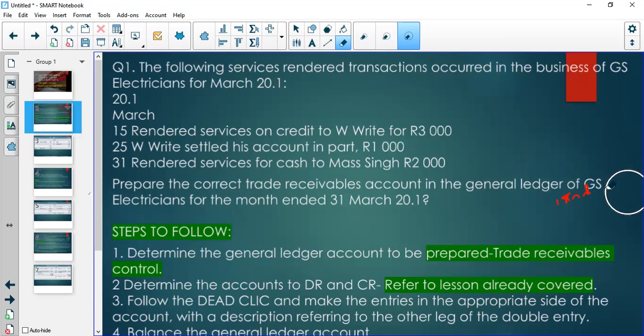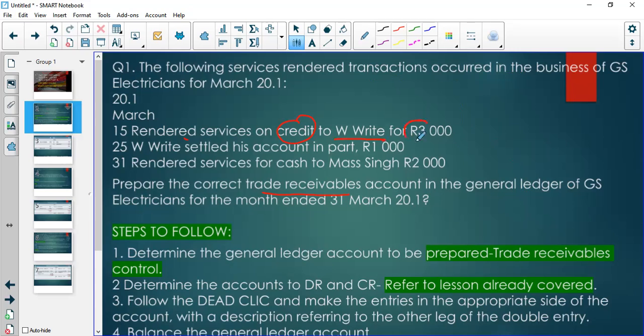So what we're going to be doing when we read, because we know we need to prepare the trade receivables control, we need to see those things that increase what customers owe and those things that reduce what customers owe. So the first one is we rendered services on credit. So we went to W Right.